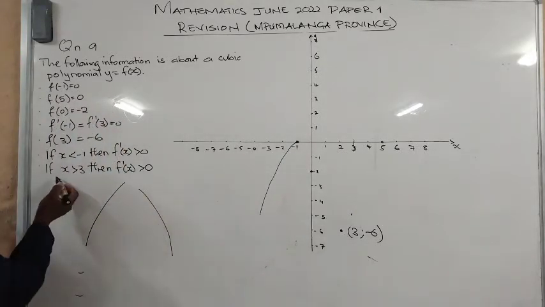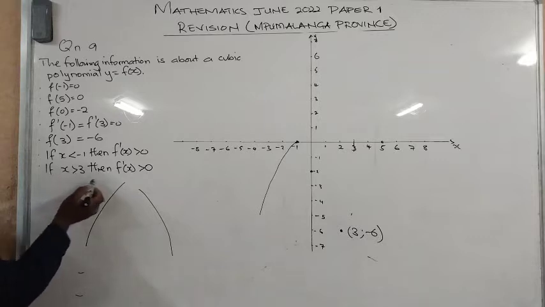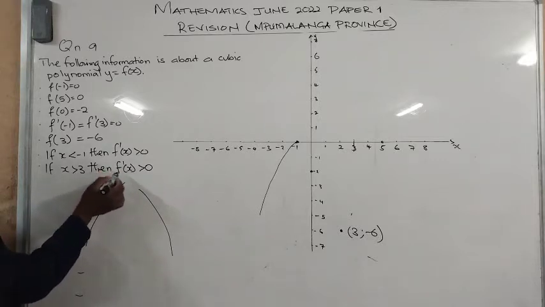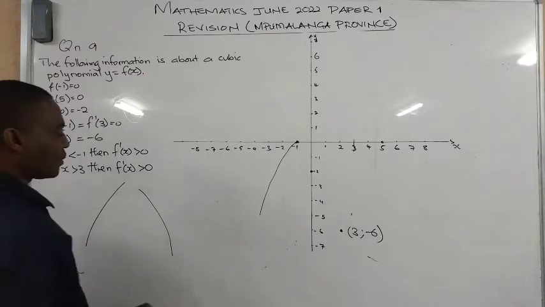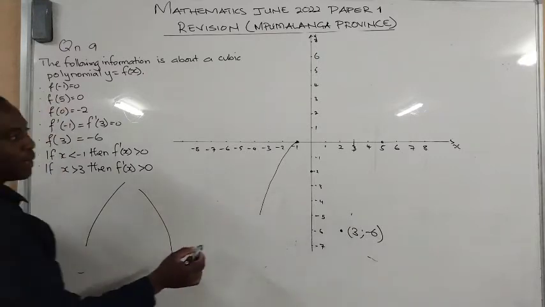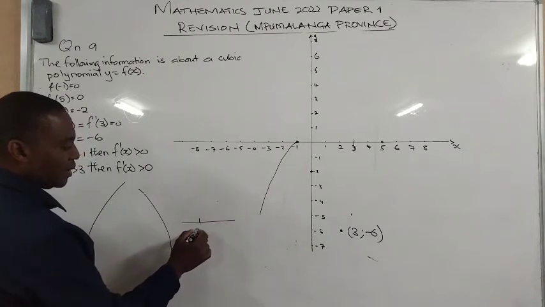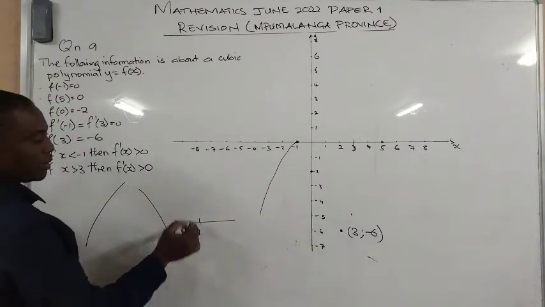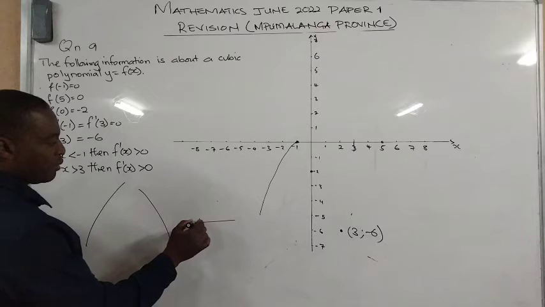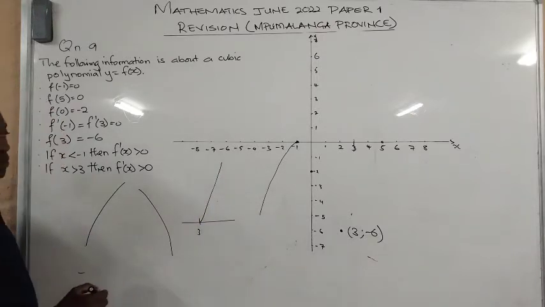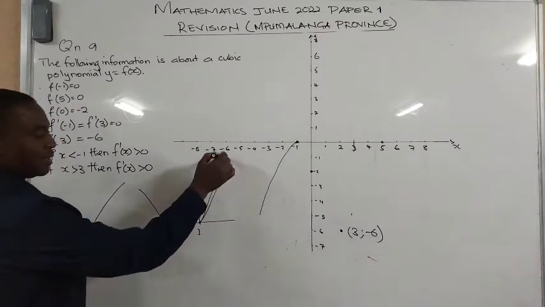And then if x is greater than 3, the gradient is greater than 0. If the gradient is going to be positive, we expect the graph to be taking this shape.